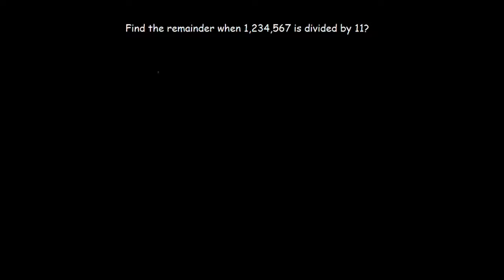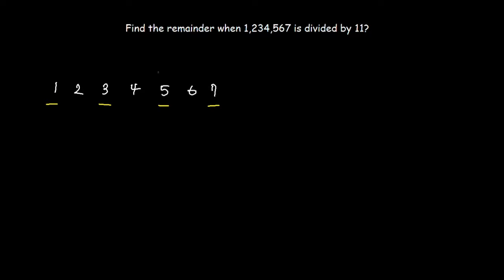So again, the rule states that I have to first find the sum of the alternating digits. So let me write this number out again. It's just the 7-digit number. The alternating digits will be, well, the first set of digits is going to be 1, 3, 5, 7.